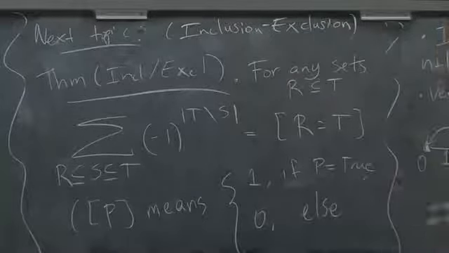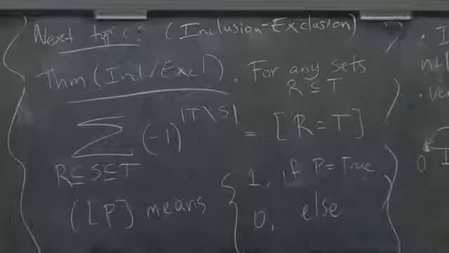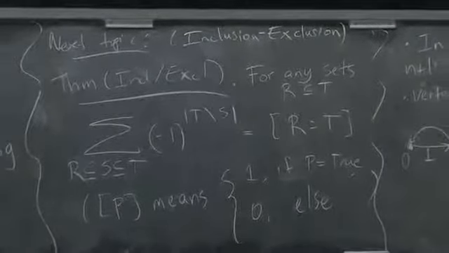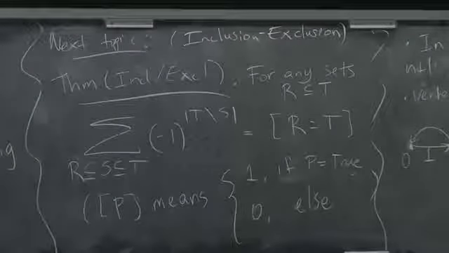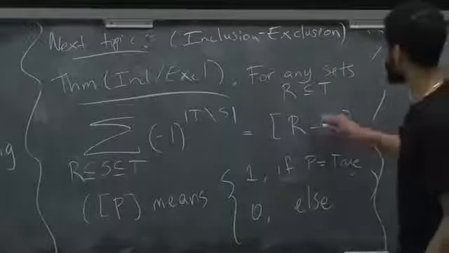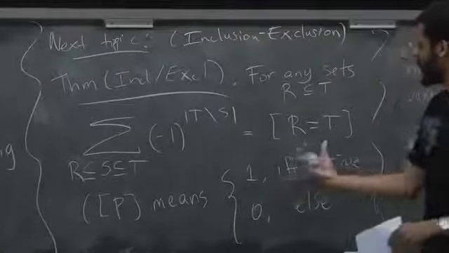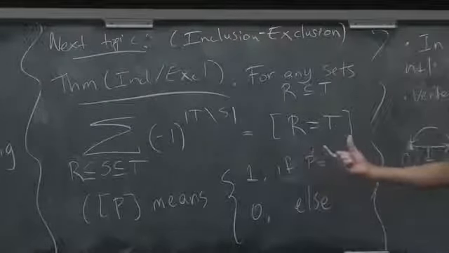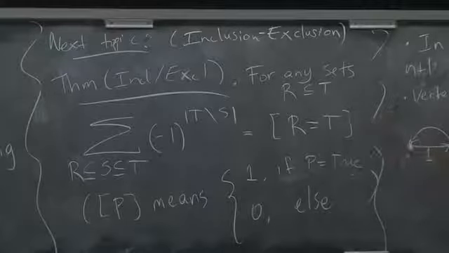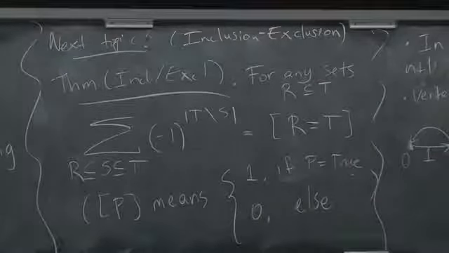Okay, so have people seen this statement before? Whenever I have a logical statement P, the bracket [P] evaluates to 1 if P is true and 0 if P is false.